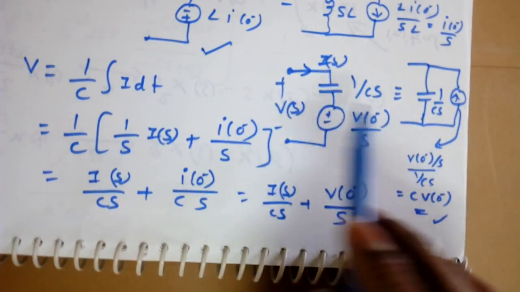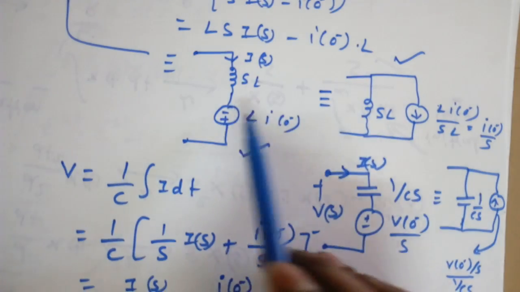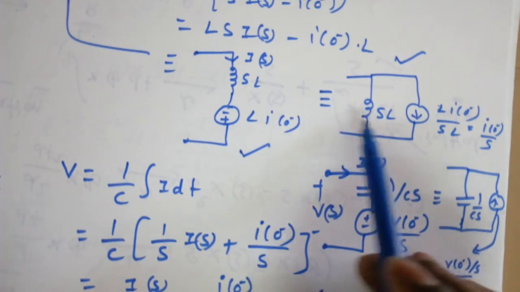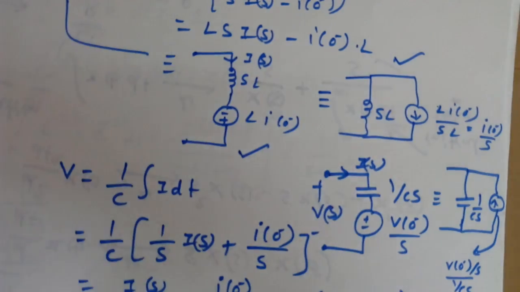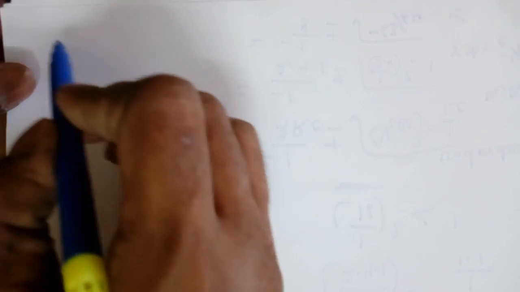So these are the two equivalent models in the Laplace domain for a capacitor. Similarly, these two are the equivalent models for the inductor. Now I'll solve one problem on this, how to solve a transient question using the Laplace domain approach.